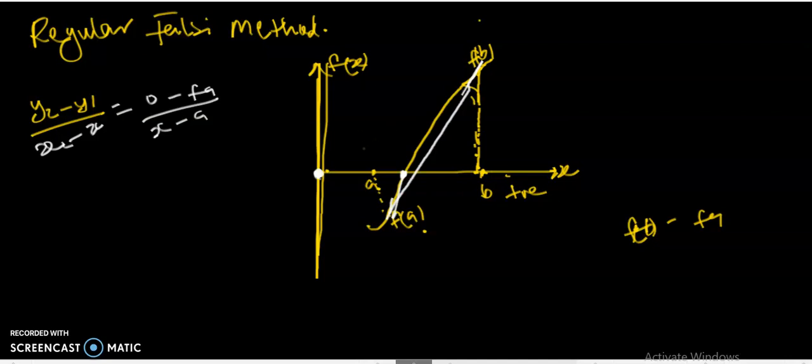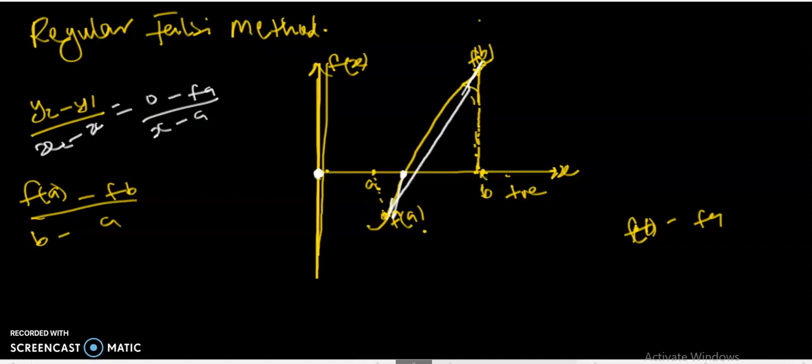To find the value of x that crosses the point, we will simply have f of a minus f of b. F of b is here, f of a from this position up to here, divided by b minus a.